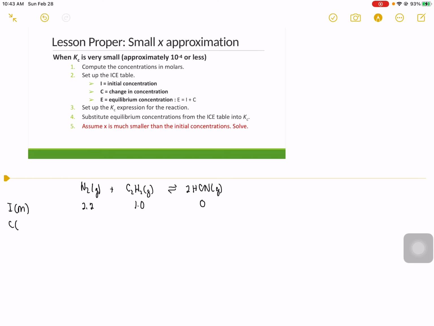Now as the reaction proceeds, some of the nitrogen, we call that x, is being used up so that the amount of nitrogen decreases with time as our reaction is occurring. And same with our acetylene as well. Its amount is also decreasing by an amount x to be able to form 2x moles per liter of hydrogen cyanide.